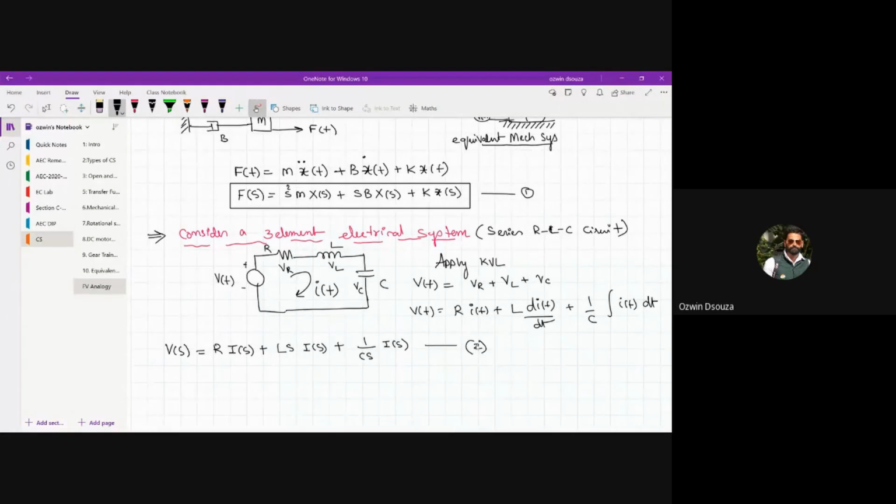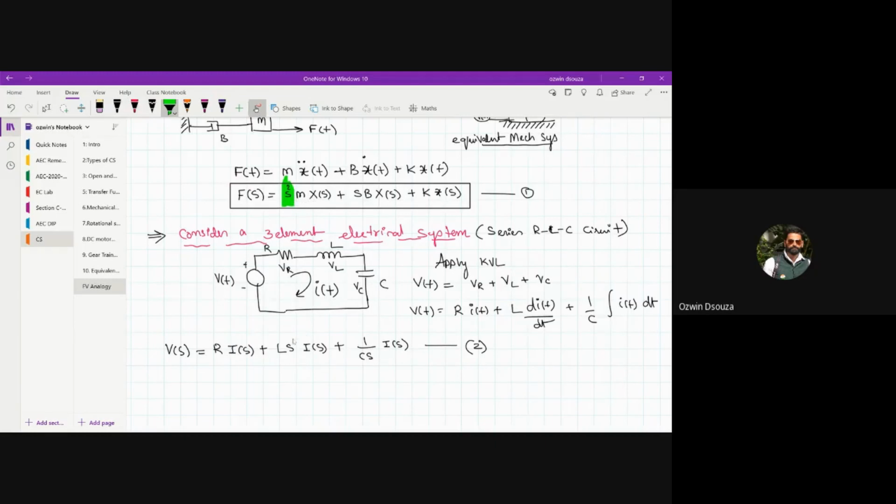When you compare equation 1 with equation 2, you get some similar terms, but the degree of equation 2 is not similar to that of equation 1. That means your equation 1 has an s square term, so the highest power of s in equation 1 is 2.